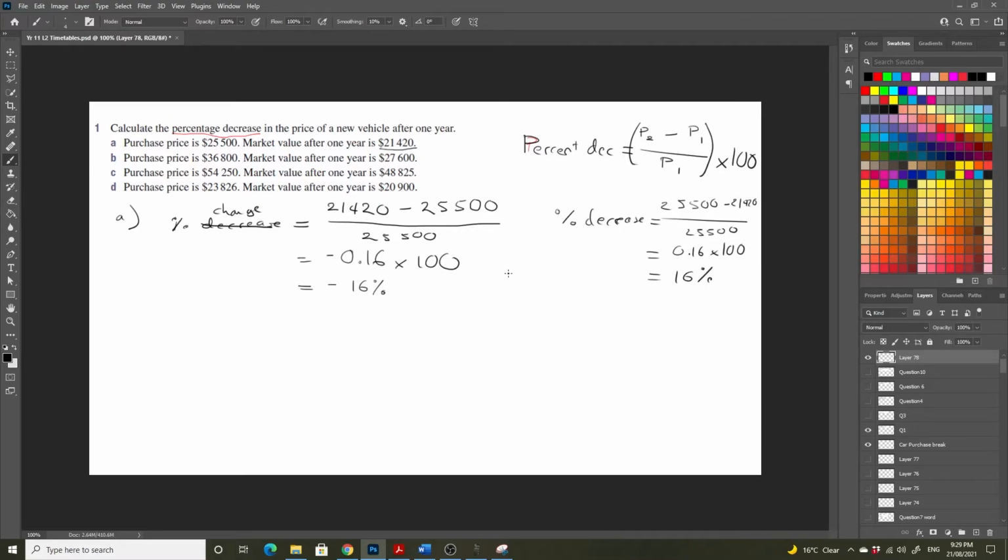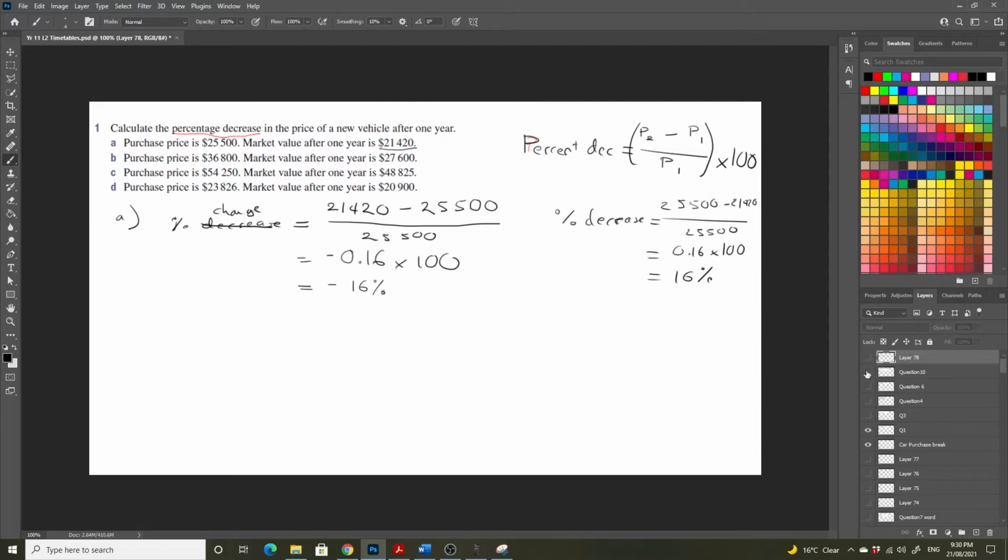It takes the price at time 2 minus the price at time 1 divided by the price at time 1, and it will give you the change, whether that's positive or negative. Whereas with percentage decrease over here, we know it's a decrease, we know it's negative, so we just determine the change as a percentage, and then we can say that this is the decrease in percent.